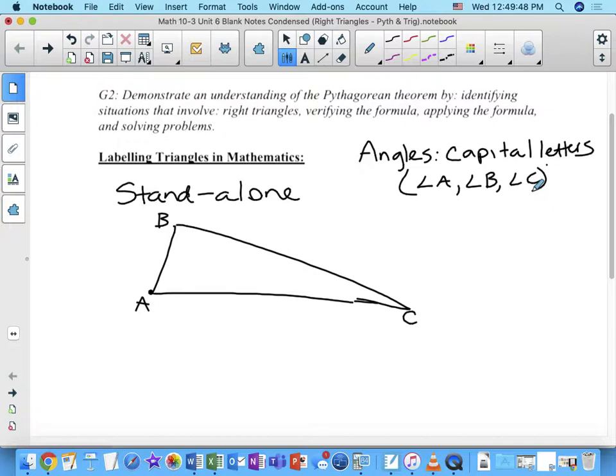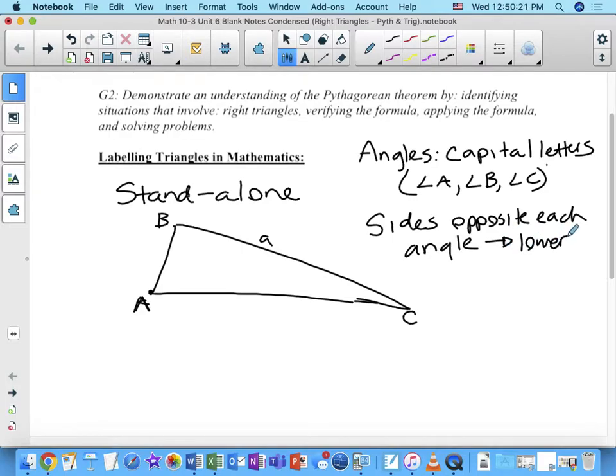And then the sides opposite each angle. When I say opposite, I mean across from the angle. So if this is angle A down here, and you go across from angle A, that would be this side over here, which is labeled with the same lowercase letter. Okay? So here is angle A. This is side A.